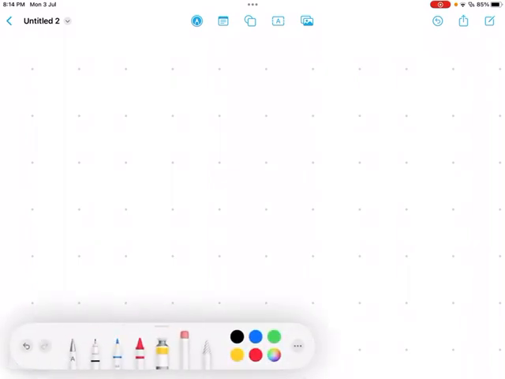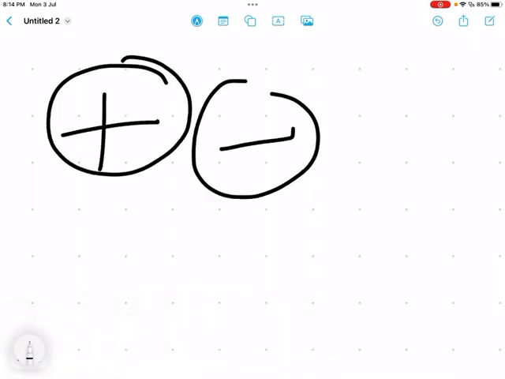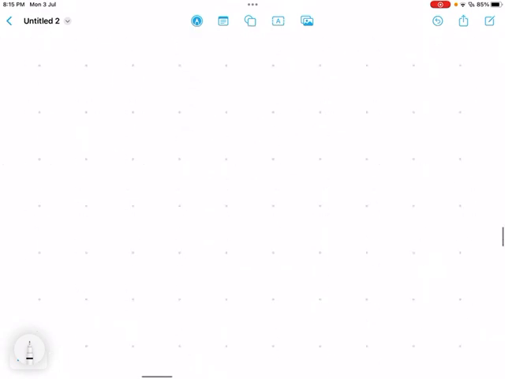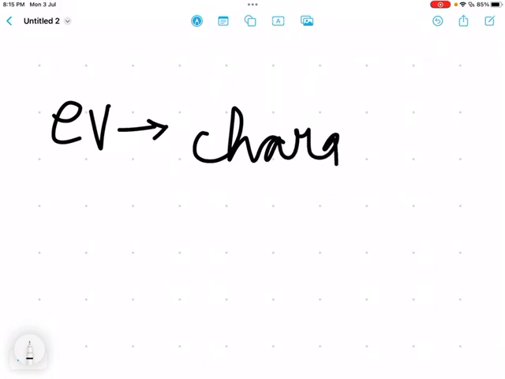The electrovalency is thus equal to the number of unit charge on the ion. That's the charge of the ion.